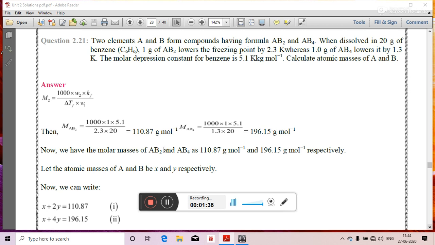So in that way we have got the molar mass of AB2 and AB4 as 110.87 gram per mole and 196.15 gram per mole respectively.